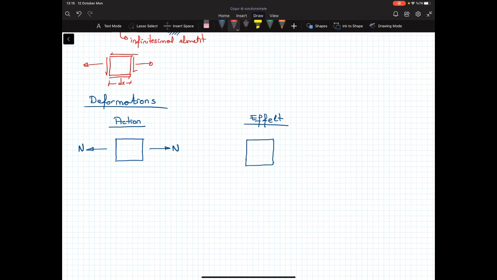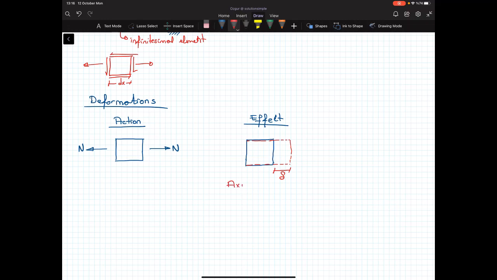It is by elongation. Initially, this was a square, but due to the applied axial force, now we have a longer member. This is our deformation. If we are writing this on an infinitesimal element, we just use the axial strain.